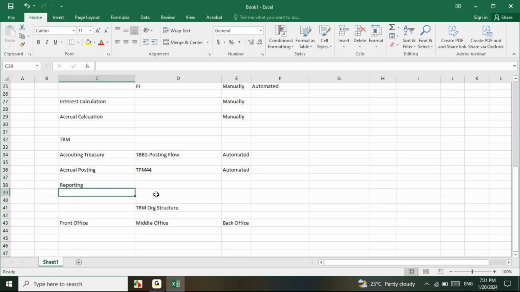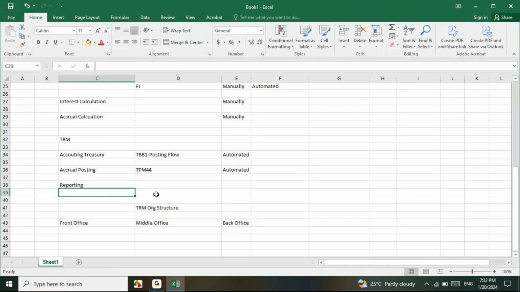So your cash manager can see what investments happen, what the inflows are, what the outflows are in the cash flow analyzer app. Okay. So these are the broader parts, and that's the reason companies are going with the SAP TRM module.